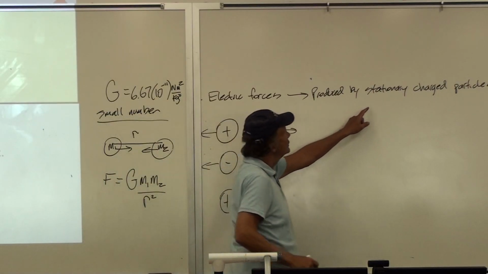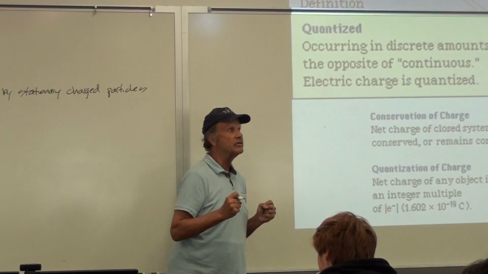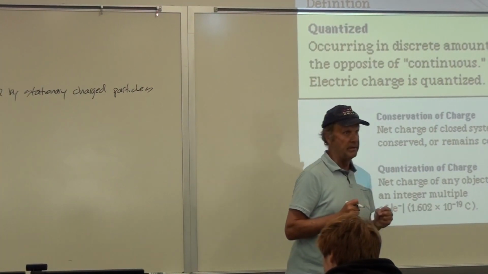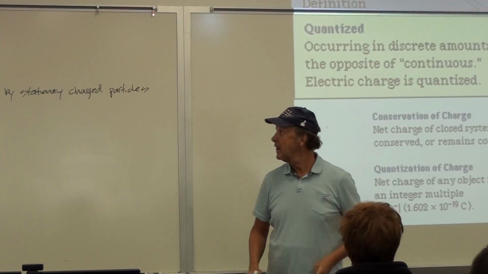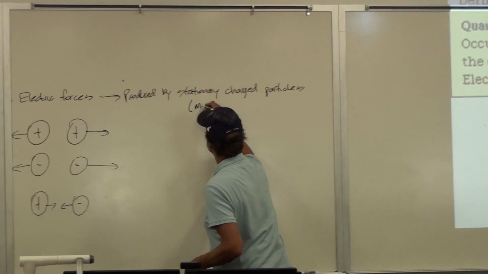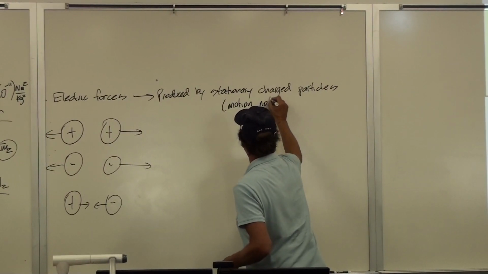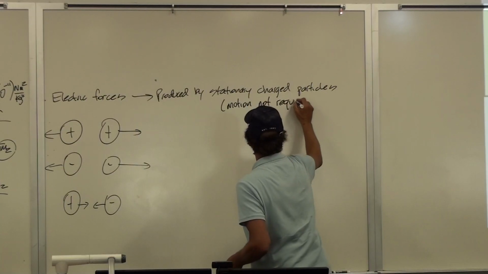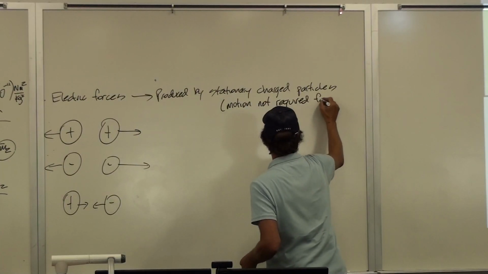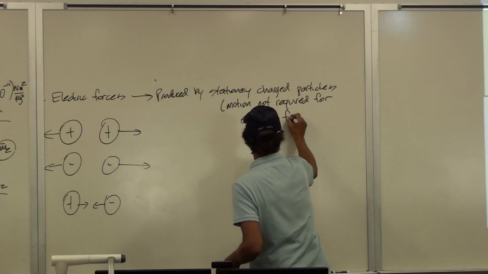And so electric forces then are produced by charged particles. Now it doesn't mean that the charged particles can't be moving and still exert a force. What I'm saying here is that the motion of the charged particles is not required for electric forces to happen.